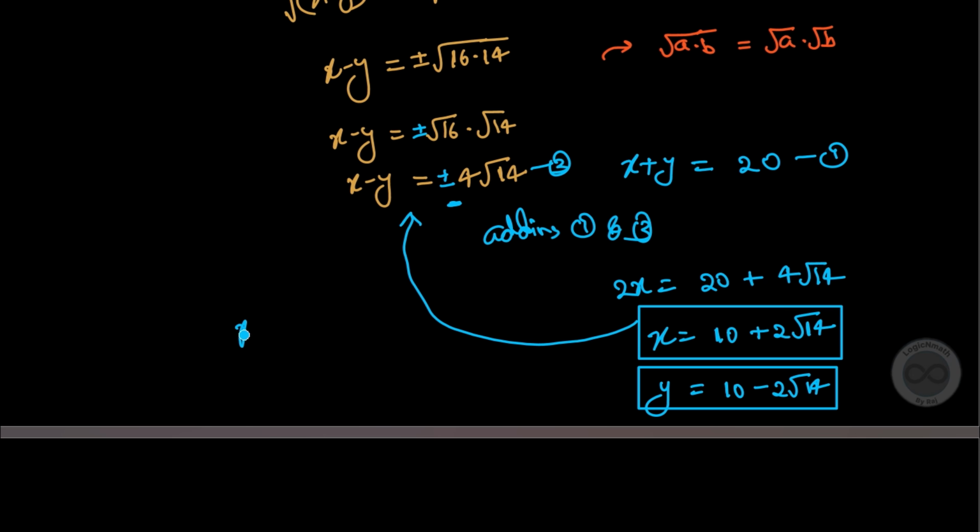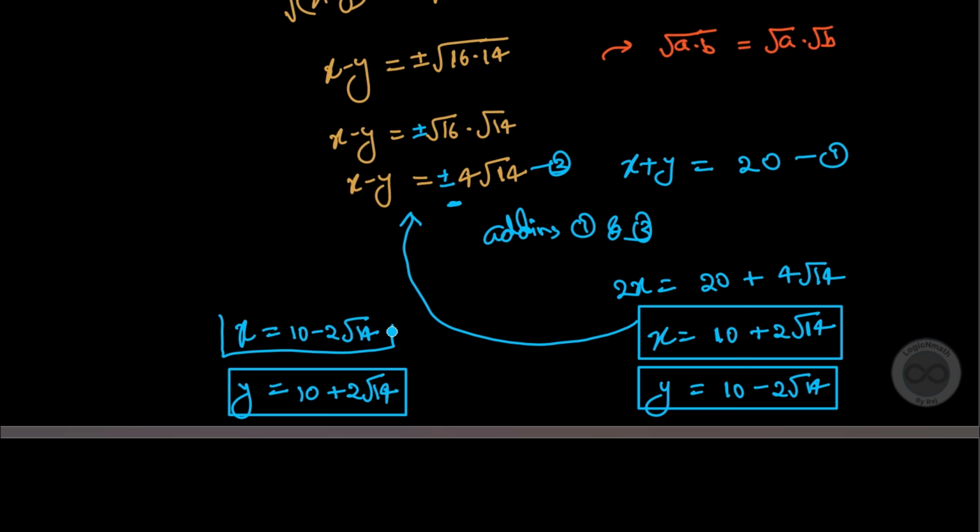Then we would have got x is equal to 10 minus 2 root 14 and y is equal to 10 plus 2 root of 14. So from both method 1 and 2 we have got the same solution. Now let's come to our Olympiad method, that is symmetry based, by which we can solve this in 20 seconds.